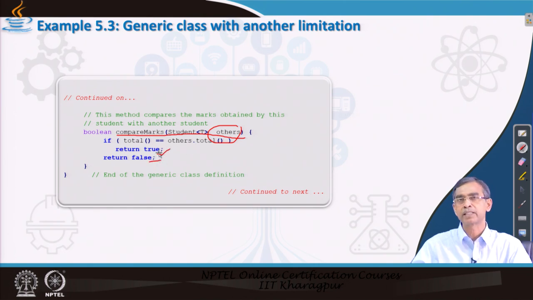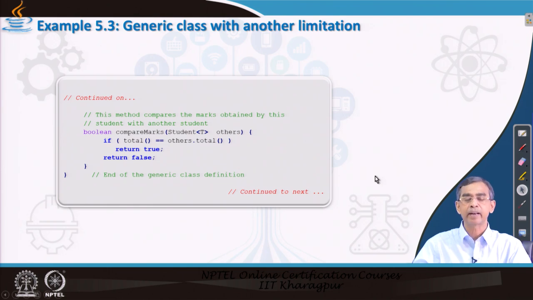Simply, it will compare the sum of two collections, and the method will be called for one class and the argument will be passed for the other class whose total we want to compare. So, this is the concept.